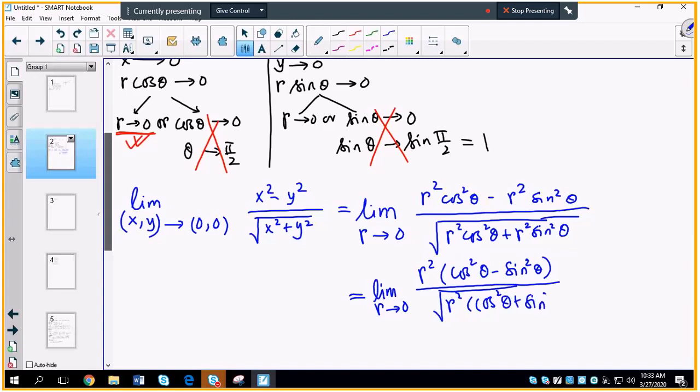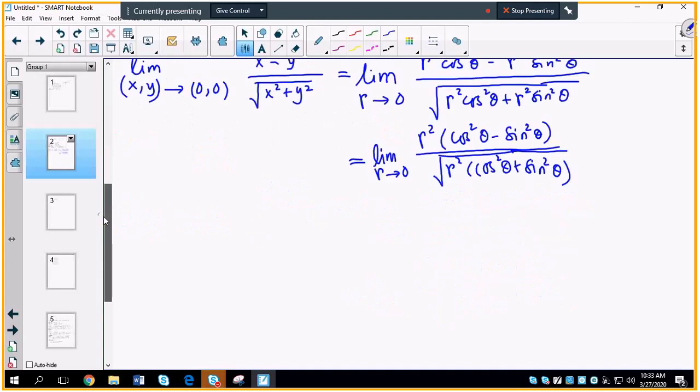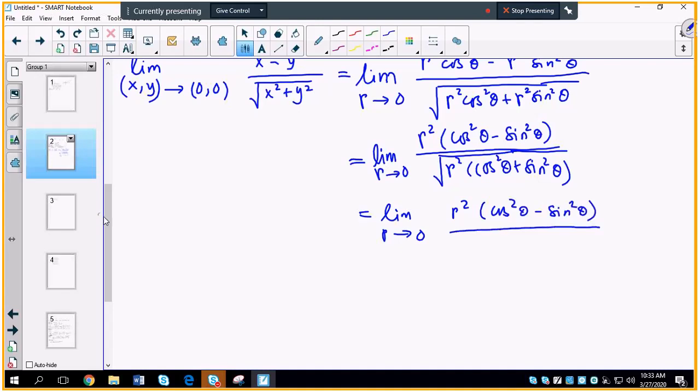This is beautiful information. Why do I say that? Because cosine squared theta plus sine squared theta, using the Pythagorean trigonometric identity, is equal to 1. So the limit as r approaches 0, you get r squared times cosine squared theta minus sine squared theta all over the square root of r squared, which I'm going to just say r.